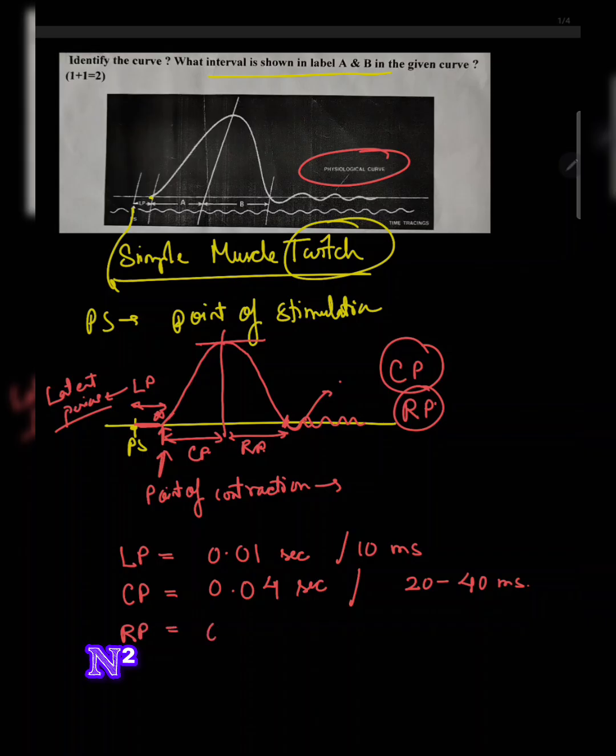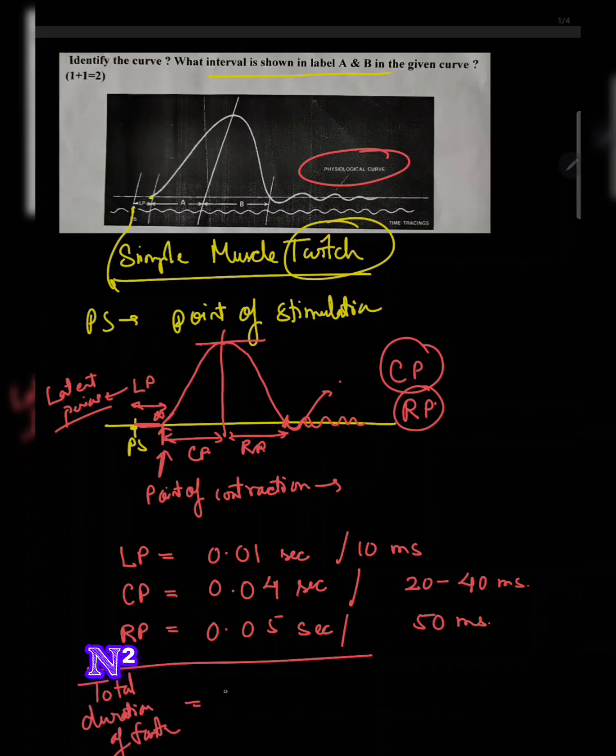Relaxation period is 0.05 seconds, or sometimes written as 50 milliseconds. The total duration of the twitch will be 0.1 second.